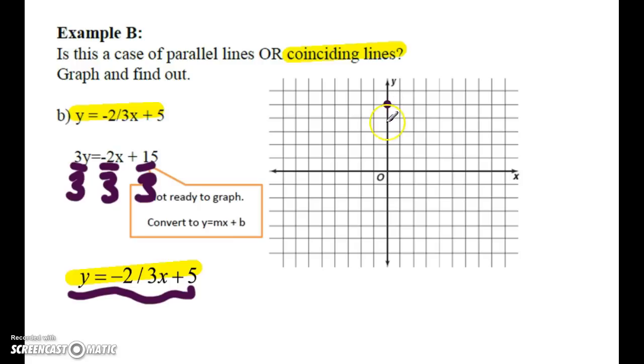And then we're going to go down 2 and right 3, putting our additional dots there just to give ourselves nice points to draw our line through. Once we get a few points on the graph, we can connect those points with a line, and we've graphed the line. Now again, these equations are exactly the same. So therefore, I have infinitely many solutions in this problem.